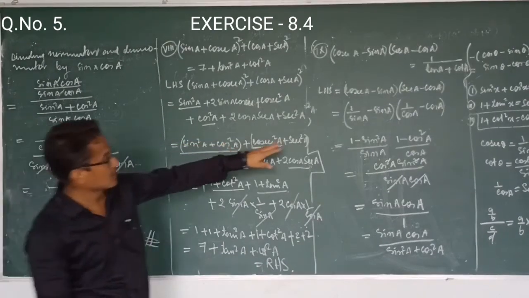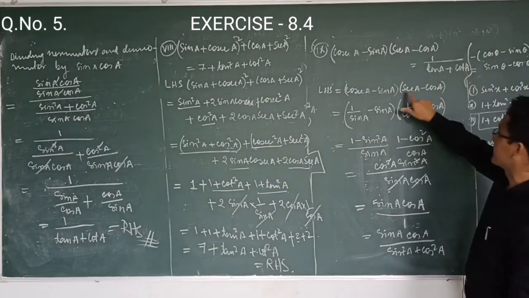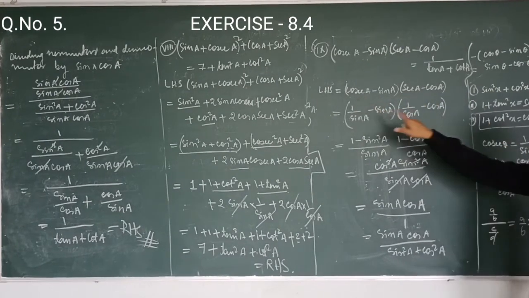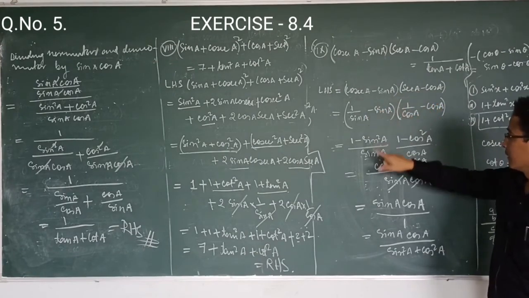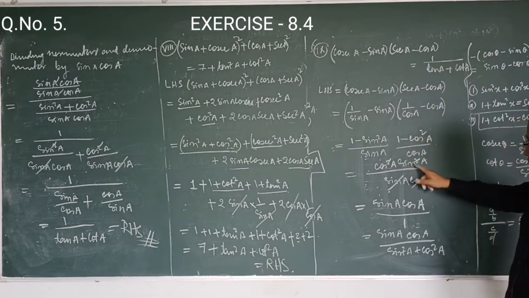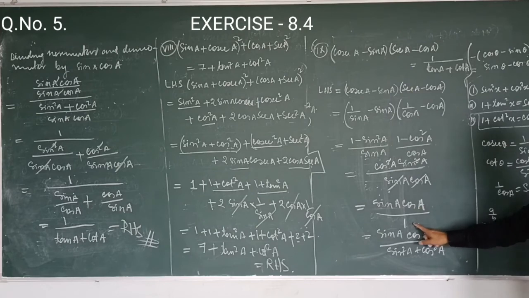Or question number 9. So we take the left hand side. We convert this cosec and sec, and we take the LCM. After taking the LCM, we will get this. Again, we take the benefit of 1.